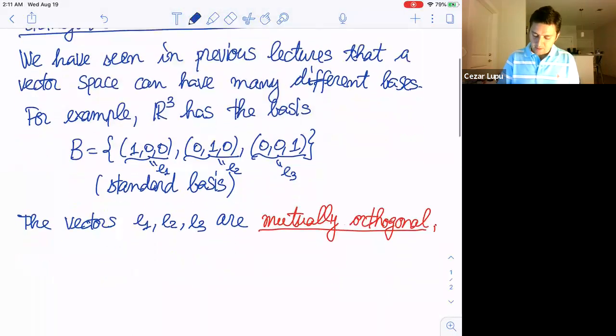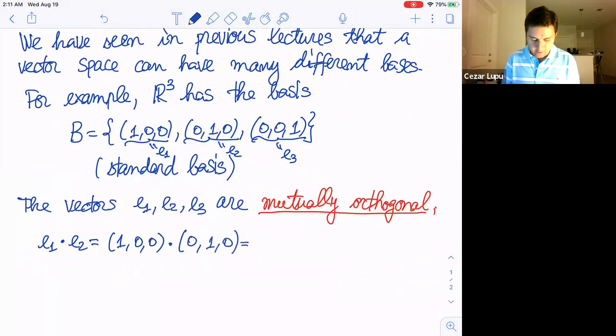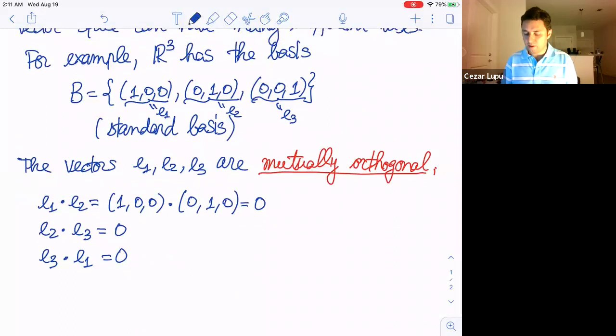Basically, this means that if you look at the dot product between them, E1 dot E2, well, this is 1, 0, 0 dot 0, 1, 0. Clearly this will give you 0, and then similarly, E2 dot E3 will be 0, and E3 dot E1 again will be 0. As you can see, this is what it means for these three vectors, E1, E2, and E3, to be mutually orthogonal.